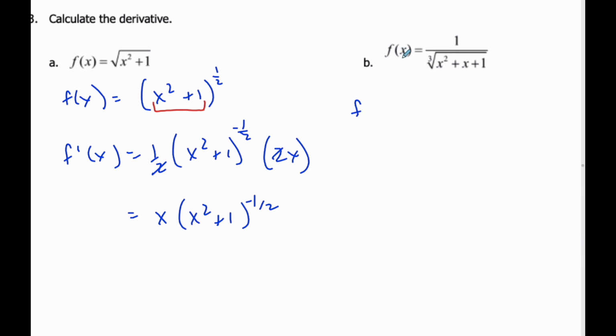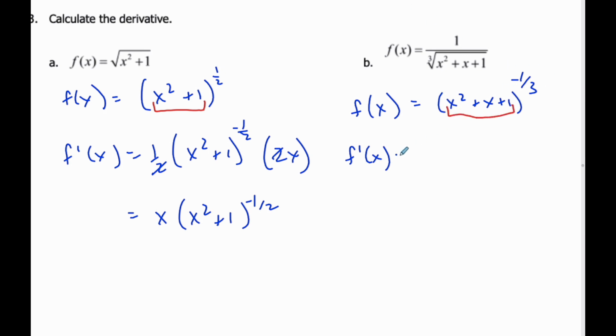So before I do the derivative, I'm going to rewrite it as x squared plus x plus 1 to the power, well, this is going to be 1/3 and comes to the top, it will be a negative 1/3. And so now if I'm going to do the derivative, again, here is my inside part. I'm going to leave that as is, and I'm going to do the outside part.